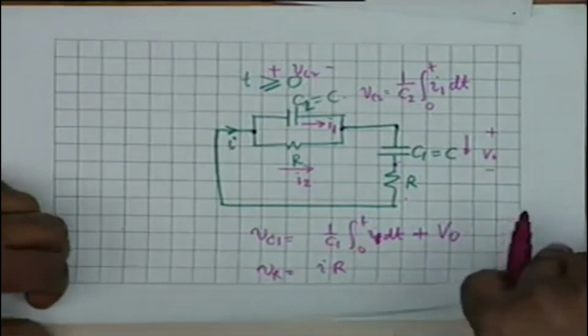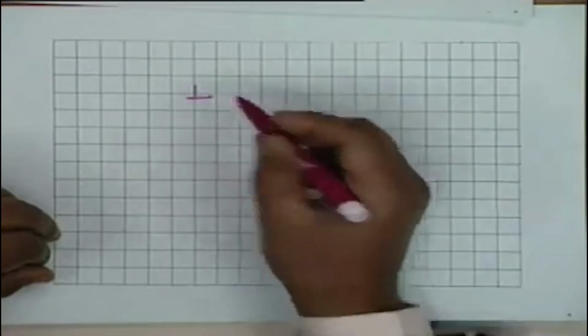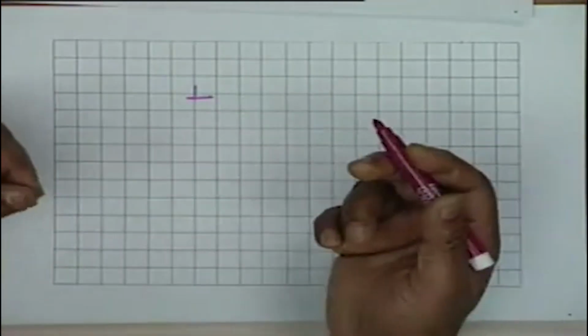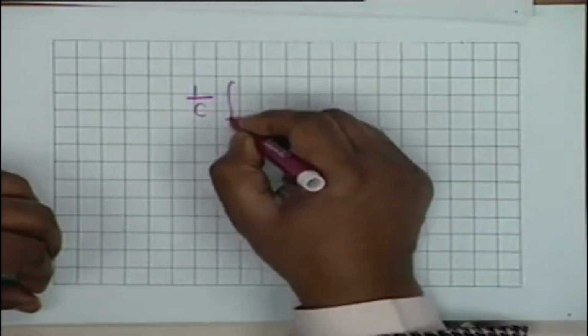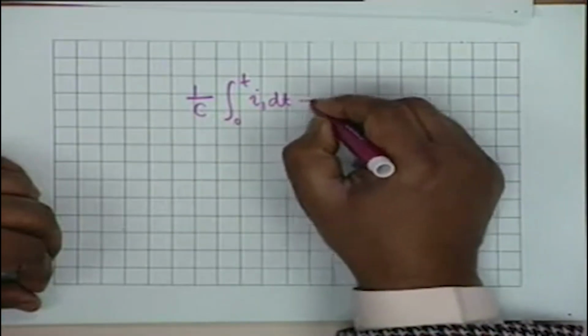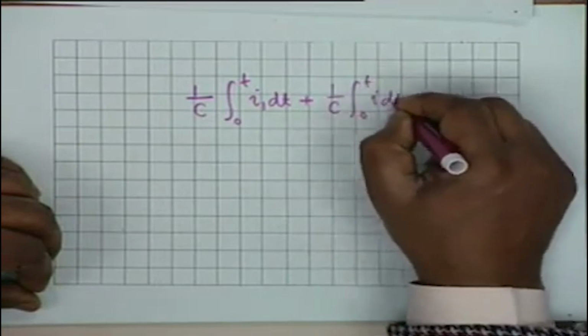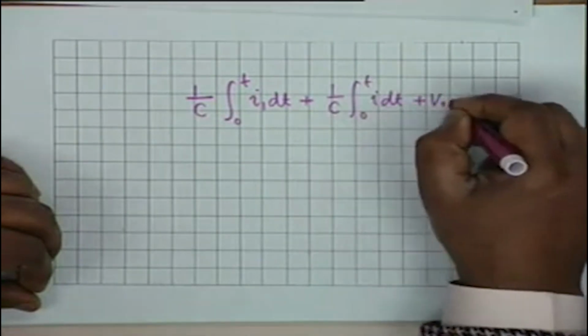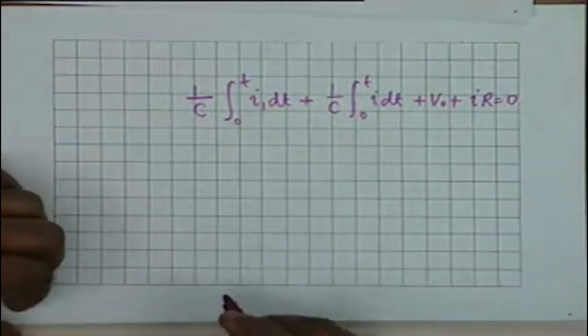Alright? And therefore my equation becomes, now I need not distinguish between C1 and C2 anymore. I can say 1 by C integral 0 to t I1 dt plus 1 by C integral 0 to t I dt plus V0 plus IR is equal to 0.